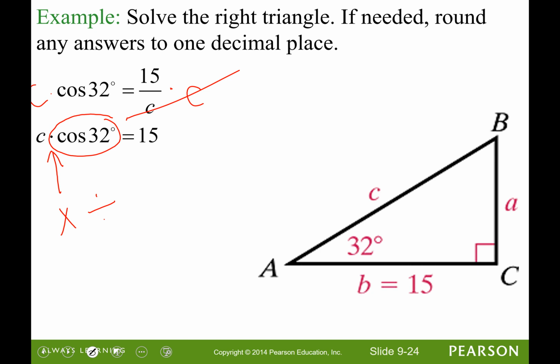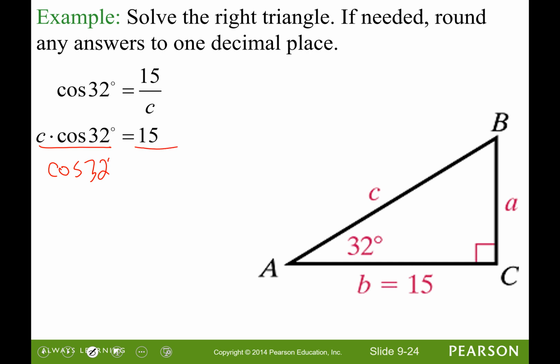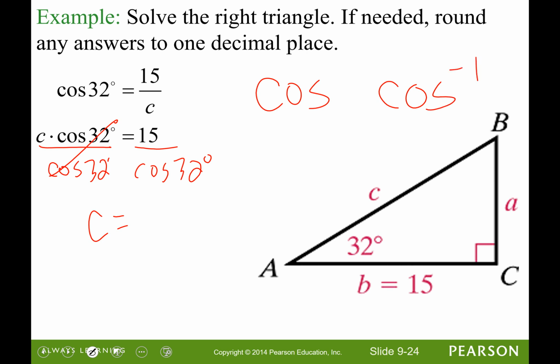So it's going to look like this: divided by cosine of 32 degrees, divided by cosine of 32 degrees. And these are going to cancel, and we'll just have c equals. Some of you might be thinking, I thought to move cosine, I had to use cosine inverse. You are correct. To move just the function, just cosine, you have to use cosine inverse. However, we are not just moving cosine here.